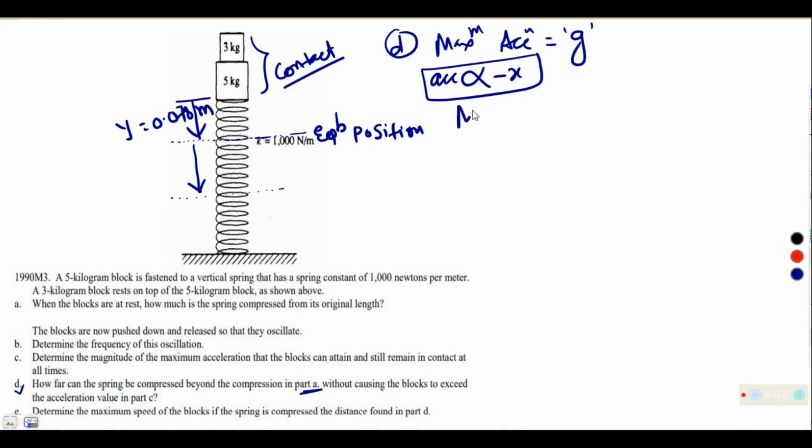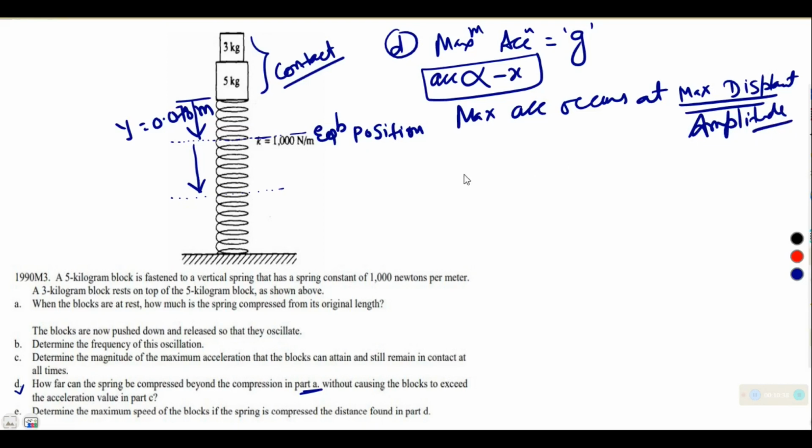And we know the maximum acceleration occurs at maximum displacement, or we can say at the amplitude, the acceleration is maximum.